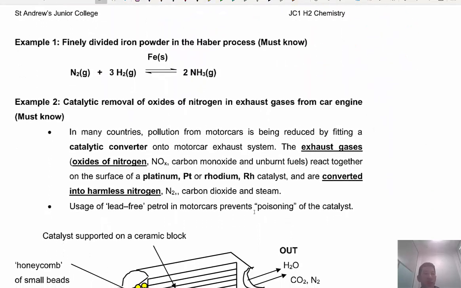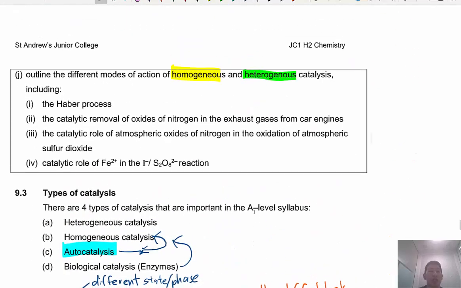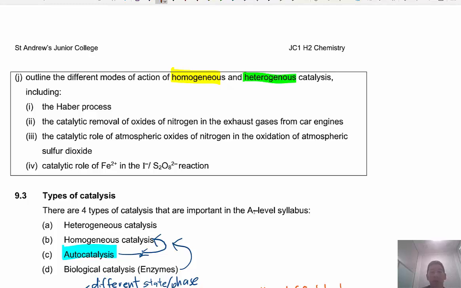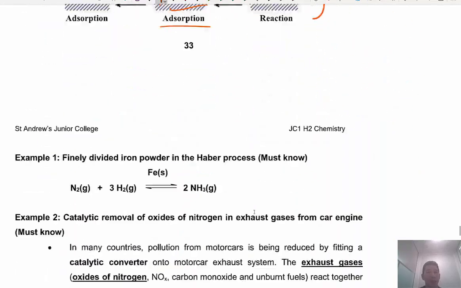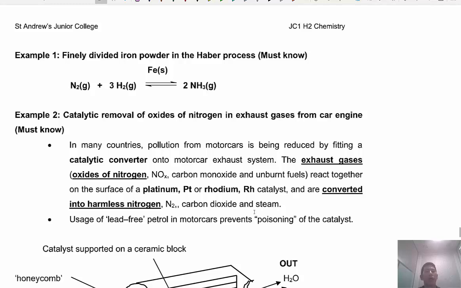Another example, these are the few that you need to know because it's in the syllabus. How do you know it's in the syllabus? Well, they stated it. Okay? So examples 1, 2, and 3 are all to do with heterogeneous catalysis. So first one, Haber process. We'll use iron powder to speed up the reaction between nitrogen and hydrogen to form ammonia.